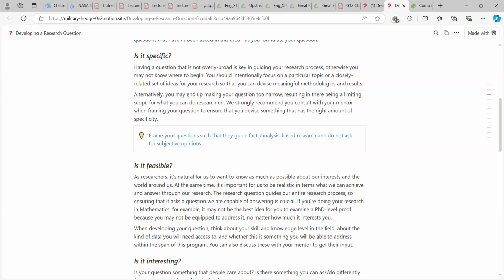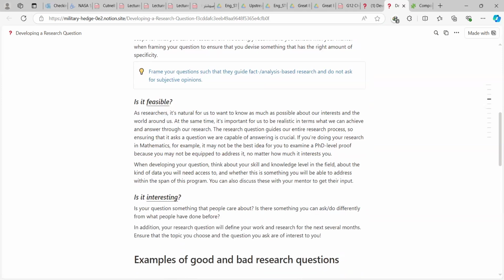What else? Yeah, your research question also should be feasible. As researchers, it's natural for us to want to know as much as possible about our interests and the world around us. At the same time, it's important to be realistic about what we can achieve and answer through our question.